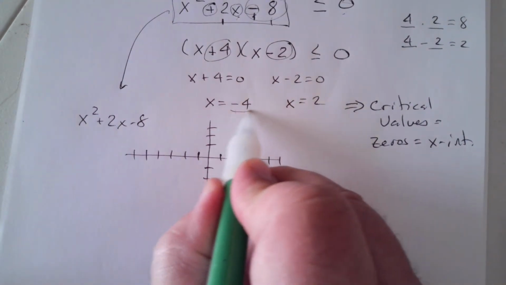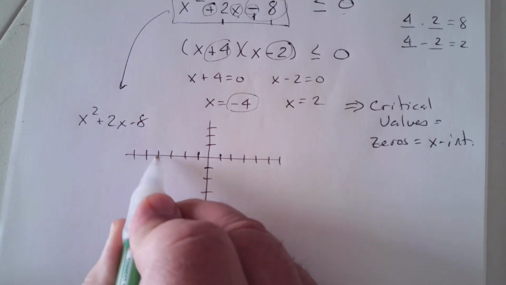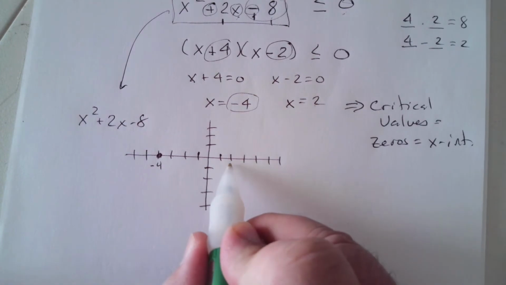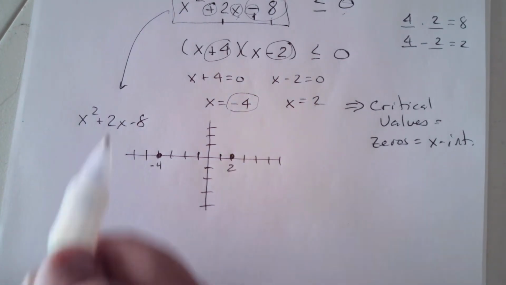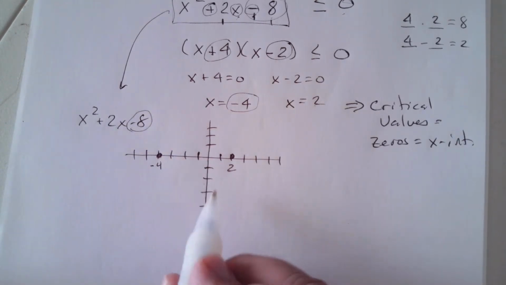We know my first x-intercept is at -4. My other one is x equals 2. My y-intercept is the constant, 5, 6, 7, 8.